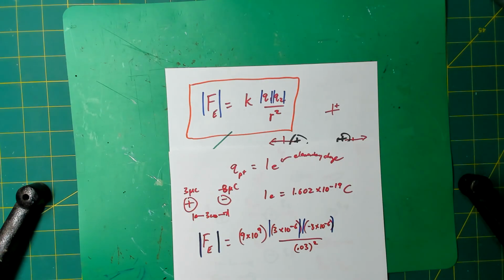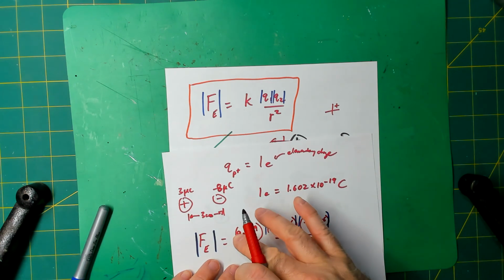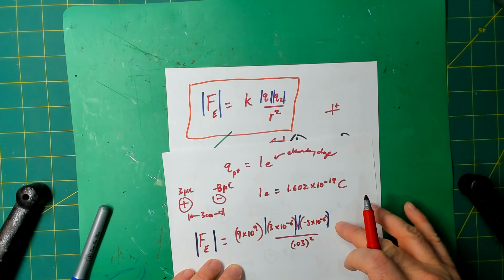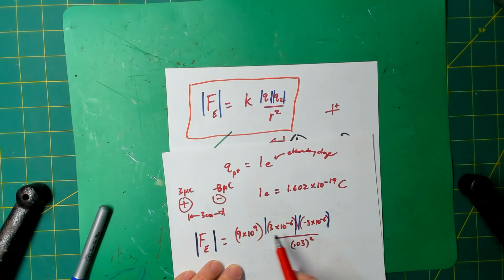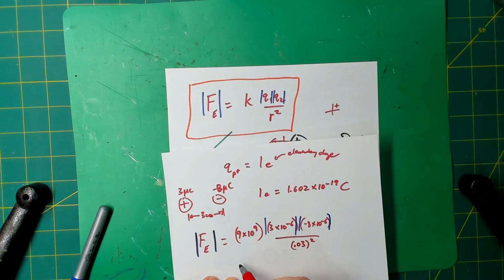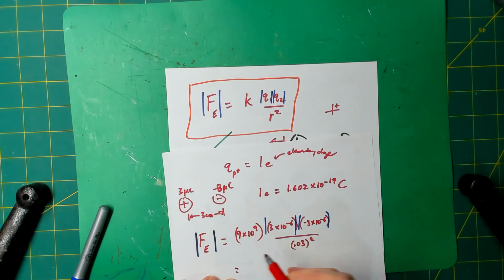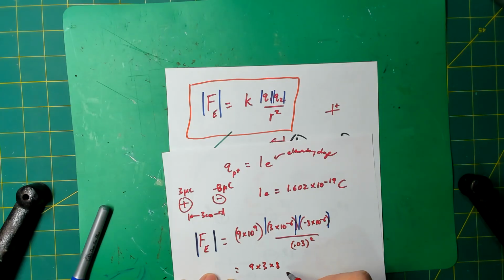So when I do the math here, I've got all these powers of 10. If everything's being multiplied together, you can multiply them in whatever order you want. So what I usually do is punch into my calculator 9 times 3 times the absolute value, so 8, divided by 0.03 squared.